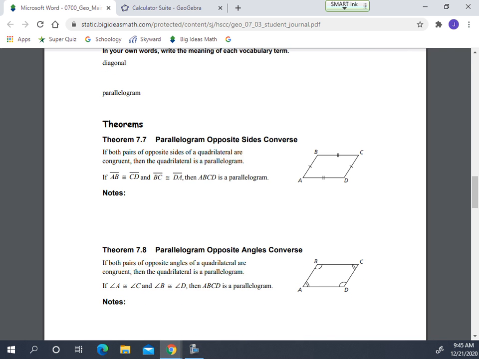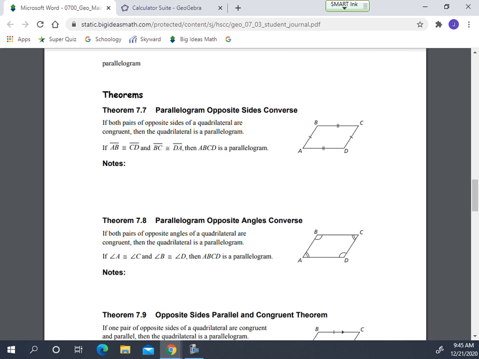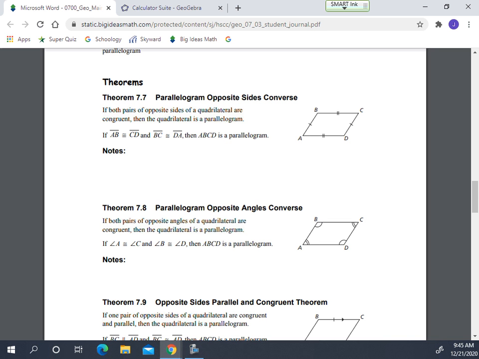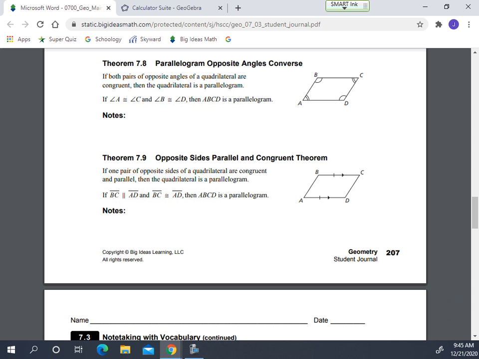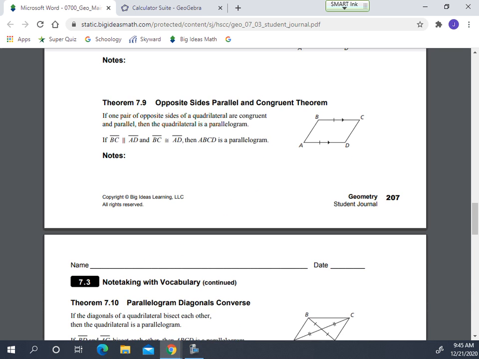Here is Theorem 7.7, Parallelogram Opposite Sides Converse. If both pairs of opposite sides of a quadrilateral are congruent, then it is a parallelogram. If its opposite angles are congruent, then it is a parallelogram.